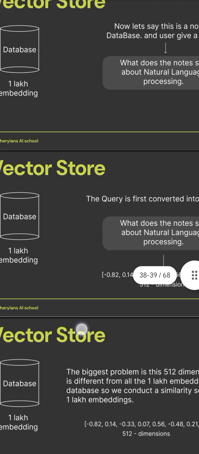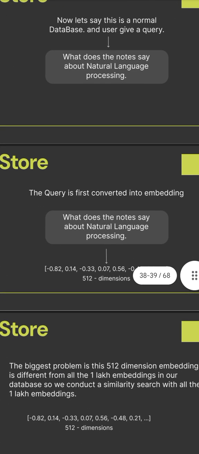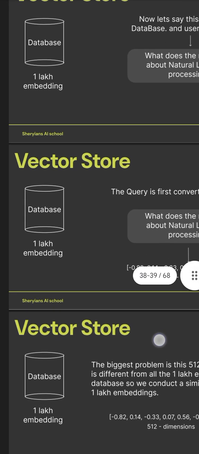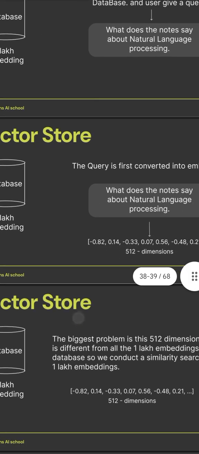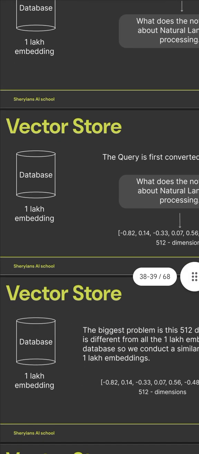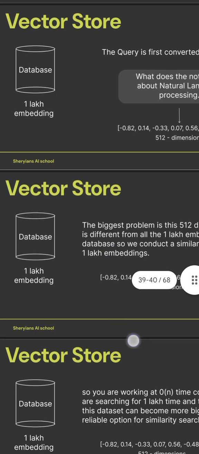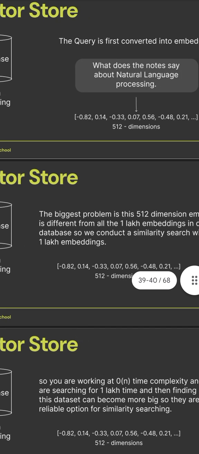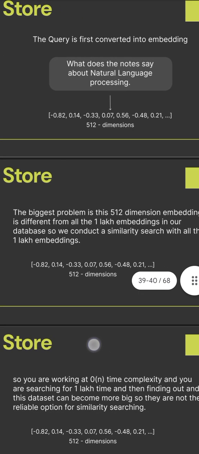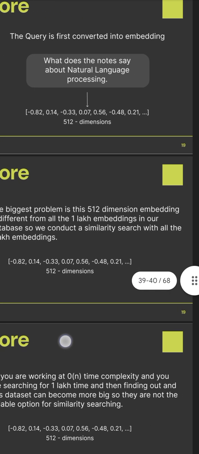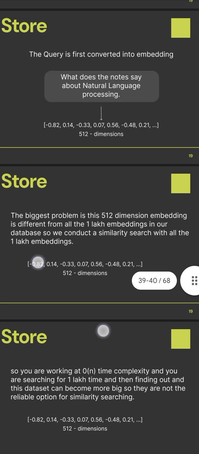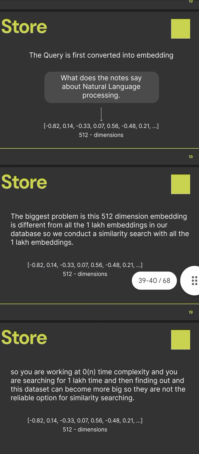The query is first converted into an embedding, and you are searching from this. The biggest problem is that this 512-dimension query embedding is different from all 1 lakh embeddings in our database, so we conduct a similarity search with all the 1 lakh embeddings.